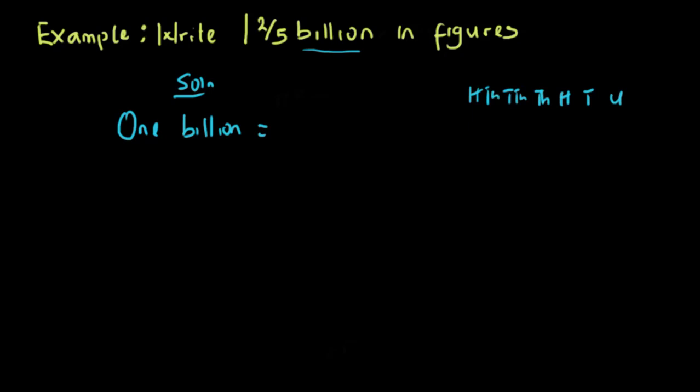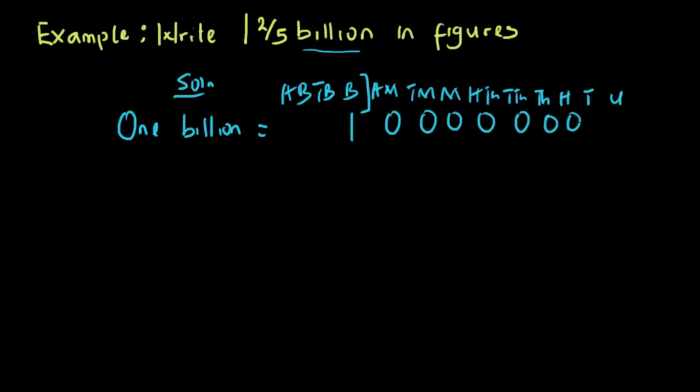We have million, 10 million, 100 million. We have billion, 10 billion, 100 billion. Now this is the billion part. So 1 billion will be 1 and the remaining will be zeros. Does this make sense? So we can put the commas.